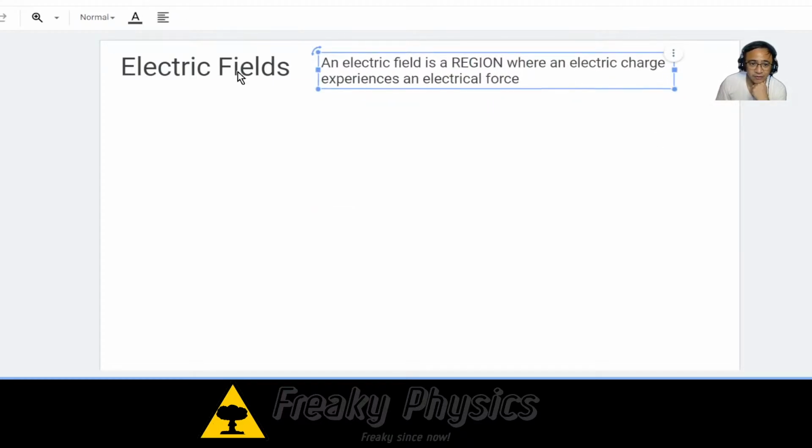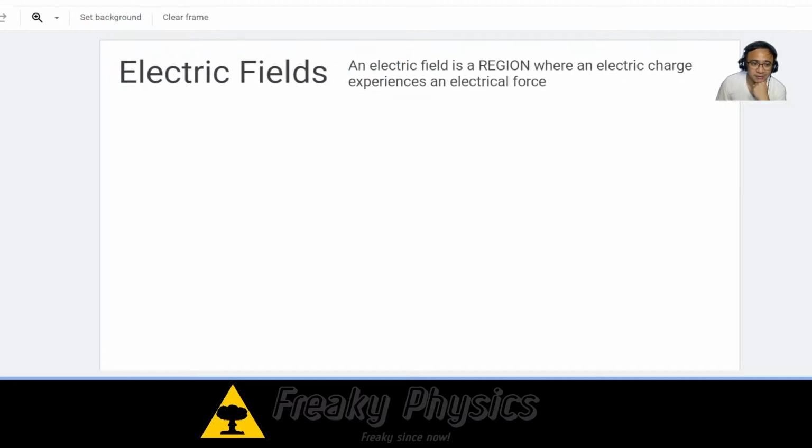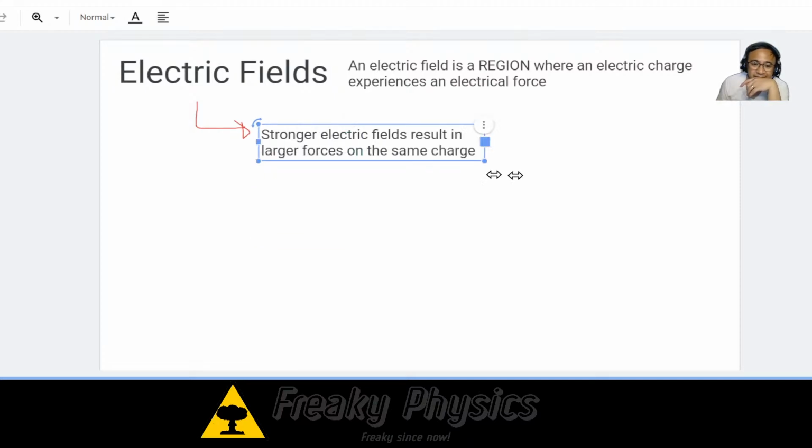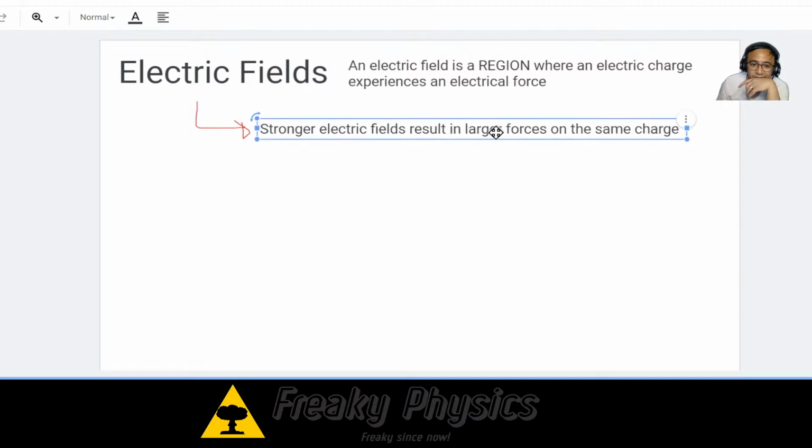Now, of course, with all electric fields come electric field strengths. Stronger electric fields result in larger forces on the same charge. So that's by definition what an electric field is.